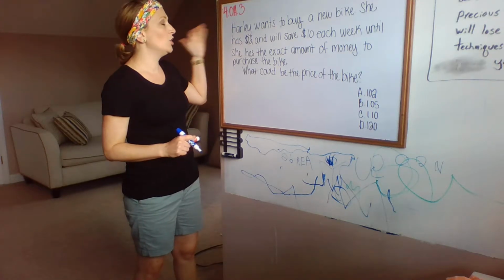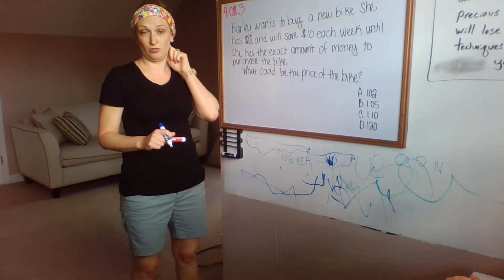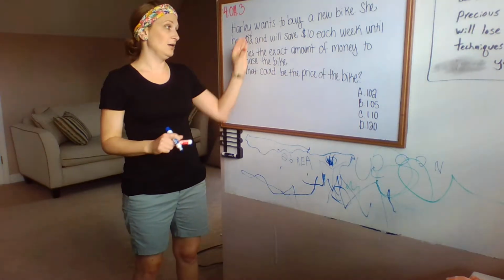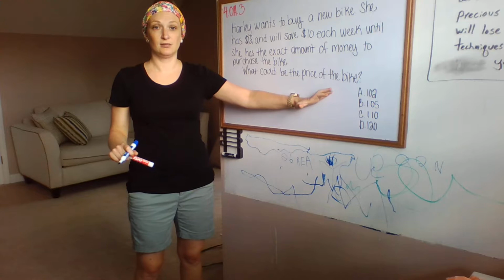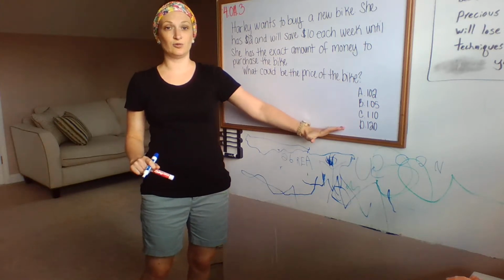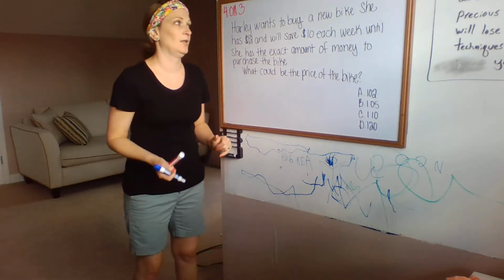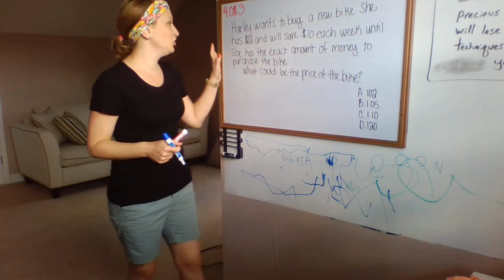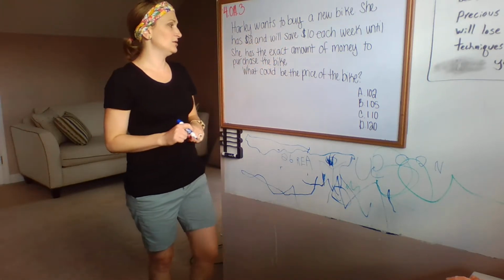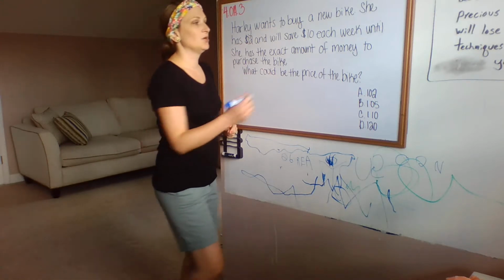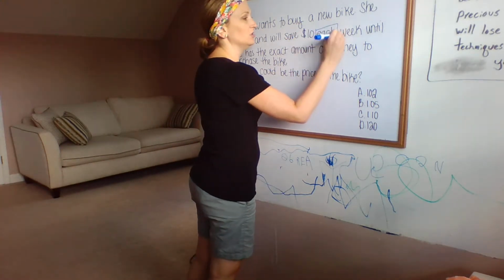So we know she wants a bike, so that's the goal. She's going to buy a bike, and based on what we have here, we're going to be able to figure out the price. So one of these answer choices has to be the price of the bike. Okay. So then she has $12 and will save $10 each week until she has the exact amount. So here's that word each.